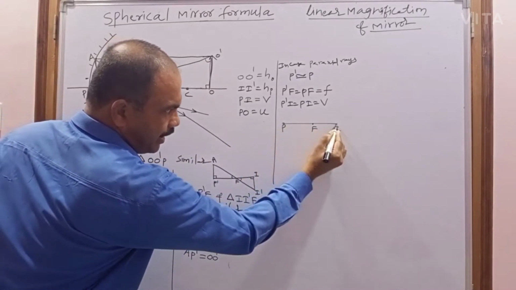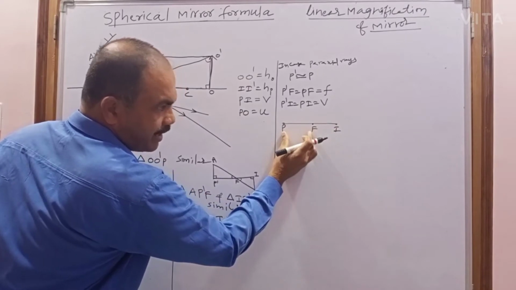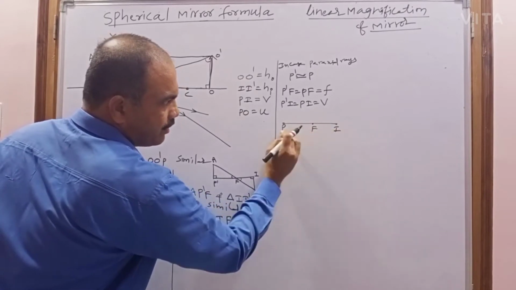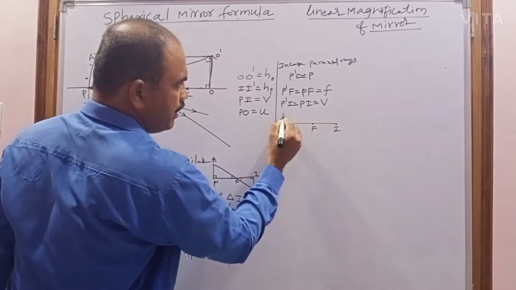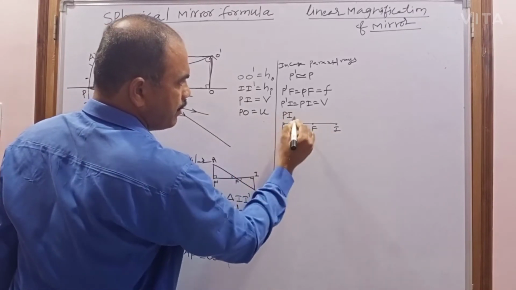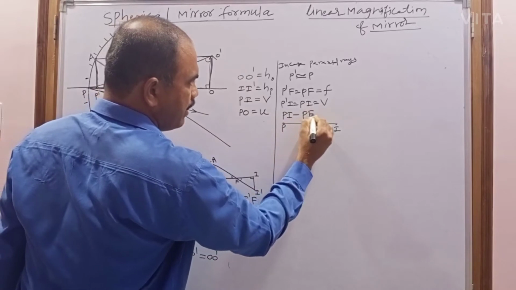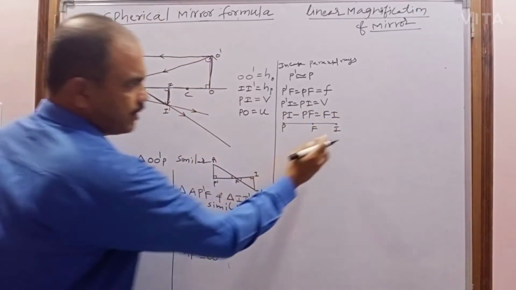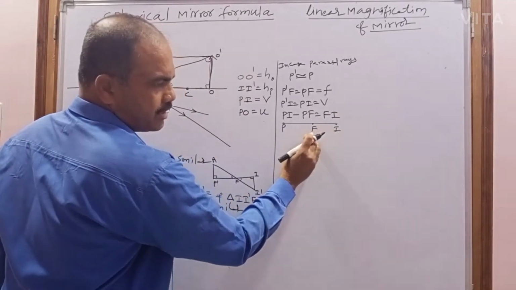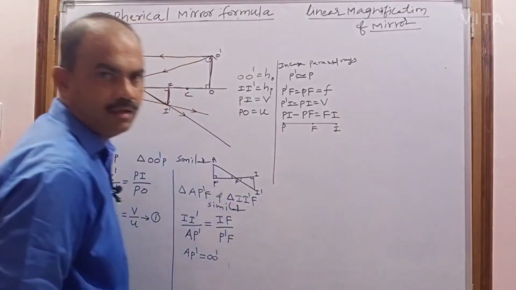From PI we subtract PF. So from PI, what should we subtract? We subtract PF. That is, PI minus PF becomes what? FI or IF, the same. IF means the distance from I to F is the same as the distance from F to I.